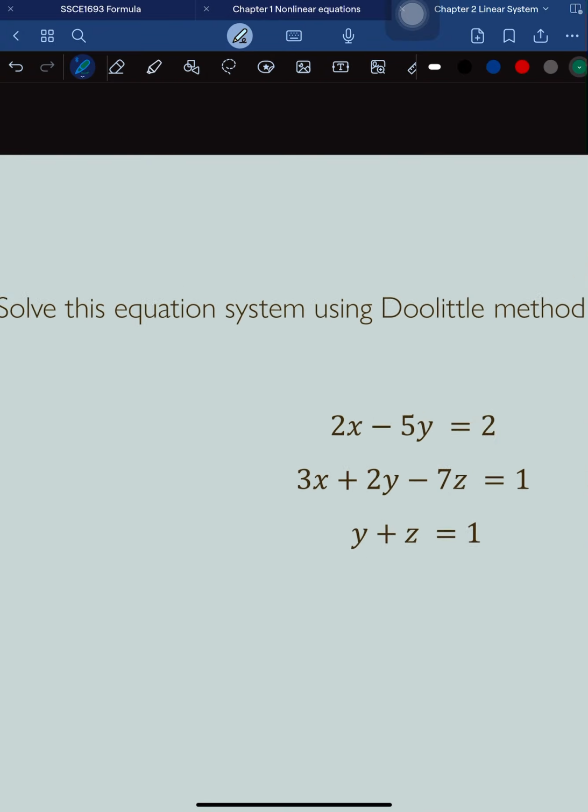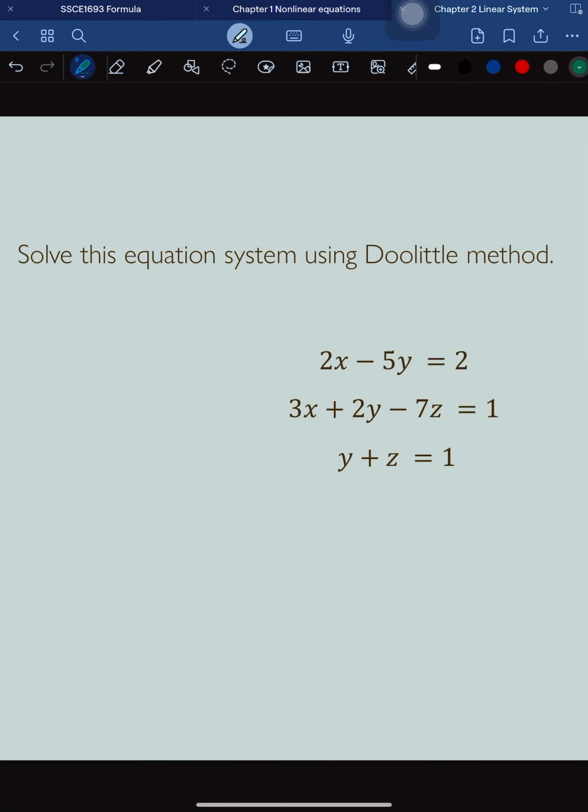For example, we want to solve this equation by using the Doolittle method.